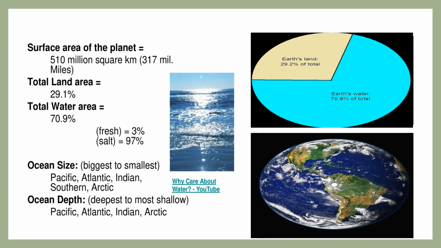Thus, the earth has an unequal distribution of land as well as water. And the ratio between the land and the water bodies is 1 to 2.43.